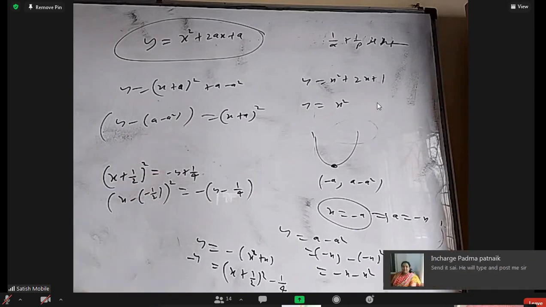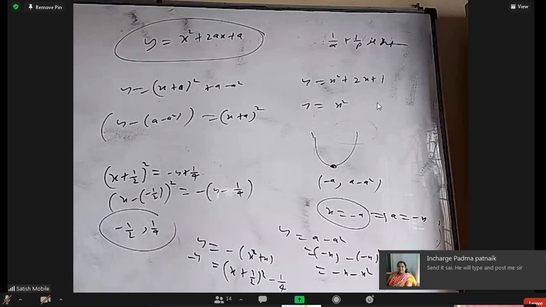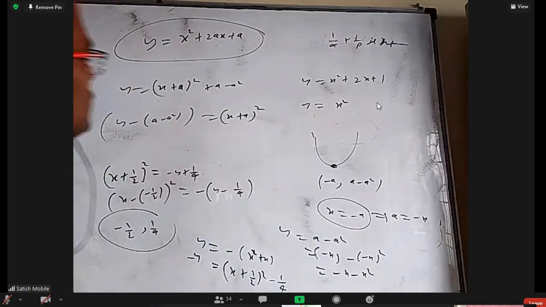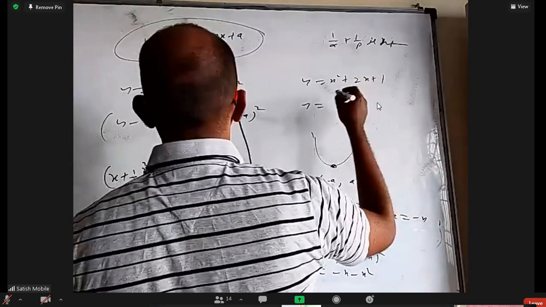Okay, this is a parabola whose vertex is minus half comma 1 by 4, which we got earlier, that this parabola is always passing through that point.